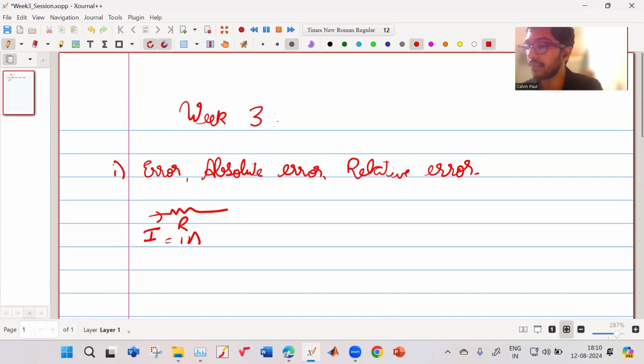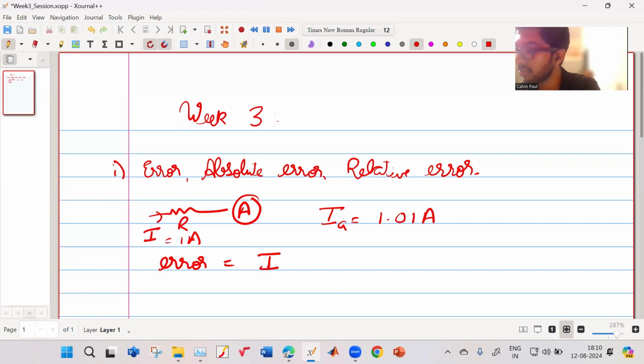That current is 1 ampere. Then I will use an ammeter to measure that current. My ammeter may show 1.01 ampere. So what is my absolute error? My error is the ammeter reading minus the actual current, that is 1.01 minus 1, that is 0.01 ampere.